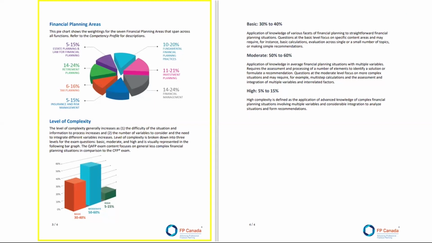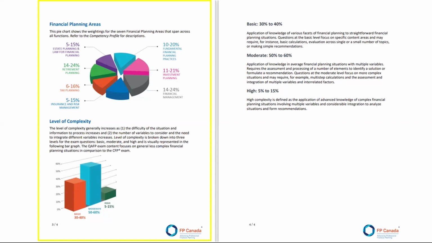This page of the blueprint details the range of coverage weightings for the financial planning functions seen in Section A, the financial planning areas detailed in Section B, and the level of complexity shown in Section C. Each question on the exam tests a competency statement from the matrix. It is tied to a function and a financial planning area and is given a complexity assignment.